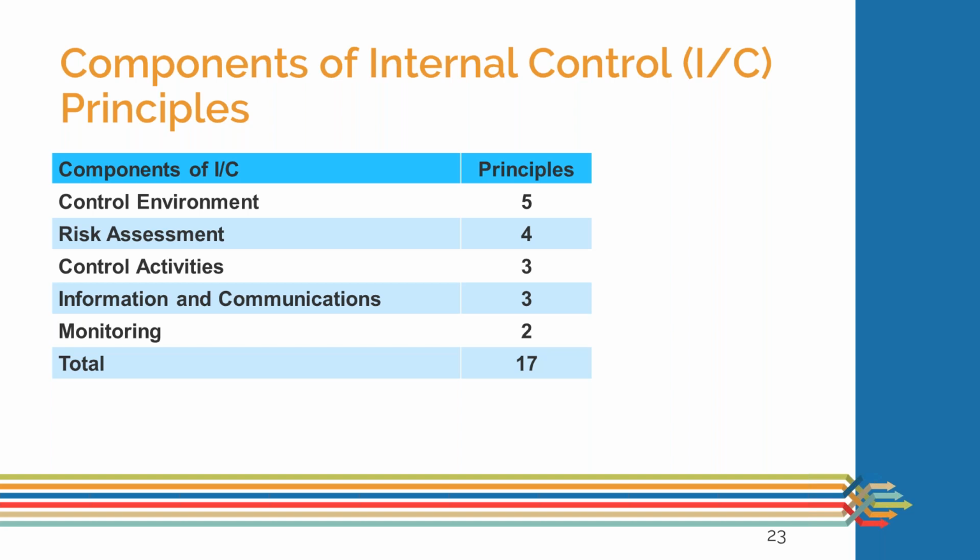So this is what I was trying to provide for you, that there are actually 17 principles in the Green Book for internal control components. So we'll go through some of that. Most of this we will talk about in part 2 of our internal control, but I just wanted to present this so that people will have information as we go further.